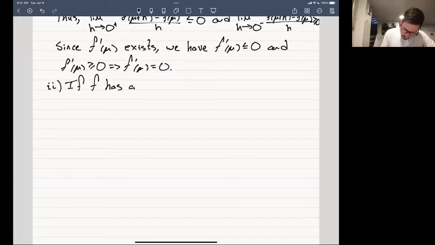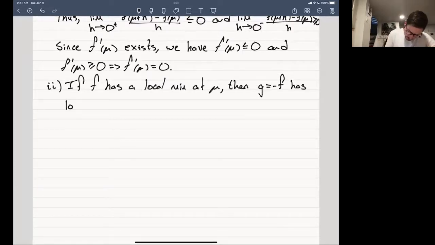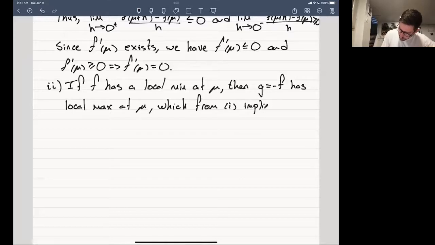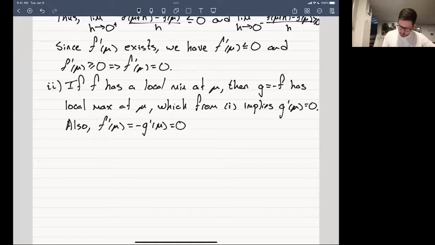So if f has a local minimum at mu, then g equal to minus f has a local max at mu, which from the first case implies g prime of mu is equal to 0, but also f prime of mu is just equal to negative g prime of mu, which is equal to 0. And that gives us exactly what we want, right?